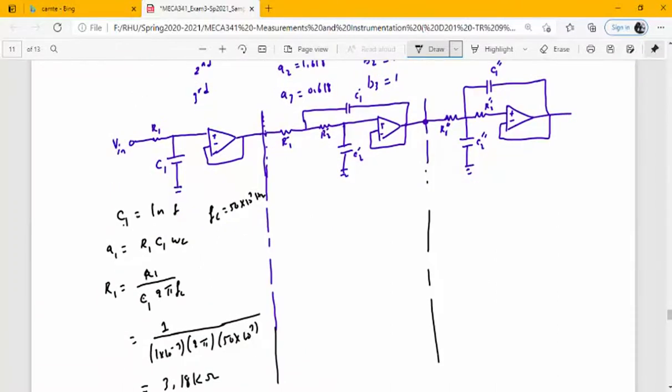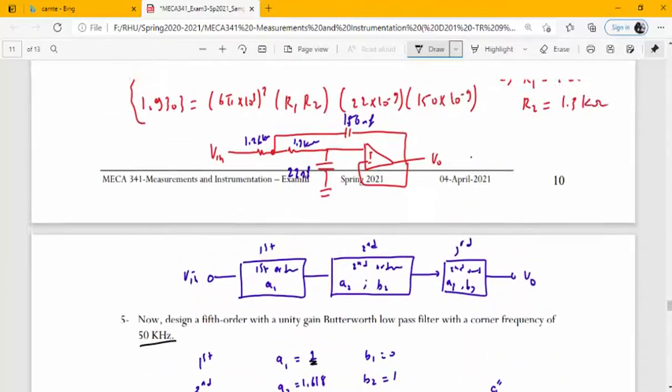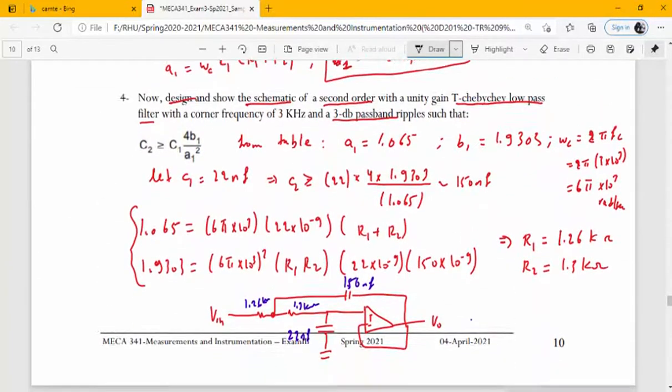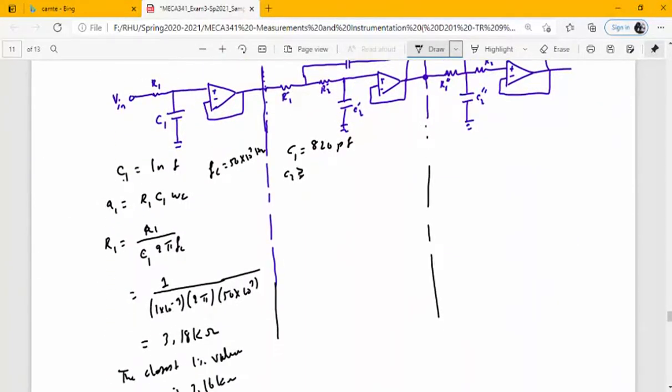So let us take C1 equal to 820 picofarad, where picofarad is 10 power minus 12, in order to solve for C2, which must be greater than or equal to the following.